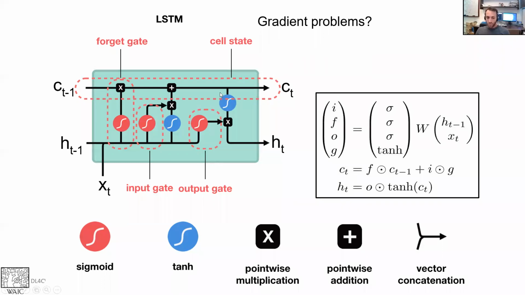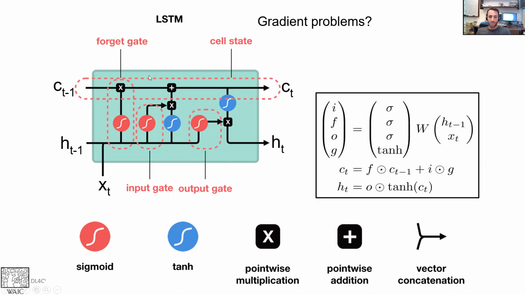But going back to why we came to LSTMs, we talked about the gradient problems of vanilla RNNs, right? We discussed the vanishing gradient problem. Remember that the vanishing gradient problem came from raising a matrix to the power of the sequence length minus 1. Can anyone see why maybe this will be better in terms of the vanishing gradient?